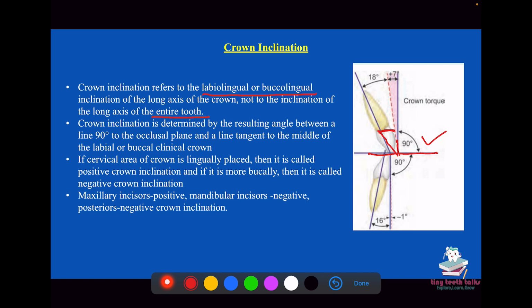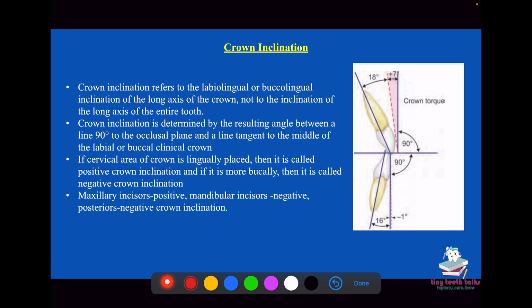Maxillary incisors have a positive crown inclination, mandibular incisors a negative crown inclination, and posteriors a negative crown inclination. In maxillary incisors, the gingival portion of the crown is positioned lingually while the incisal edge is more labial. This forward tilt helps maintain proper overjet and aesthetics.